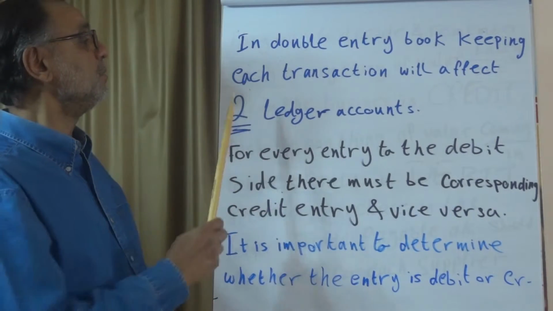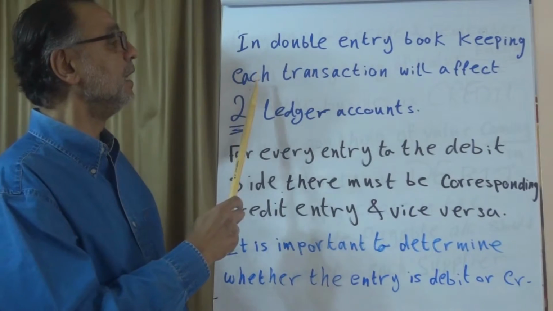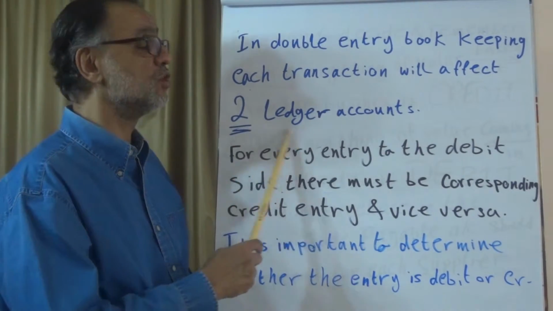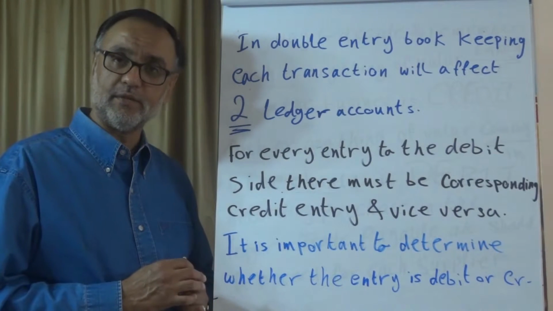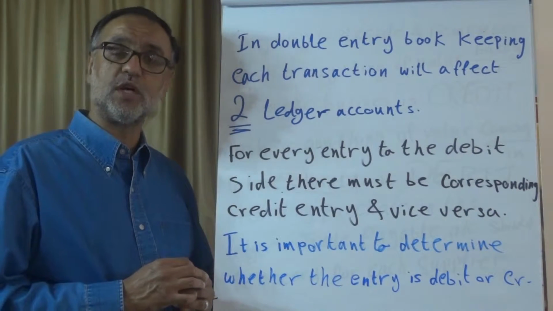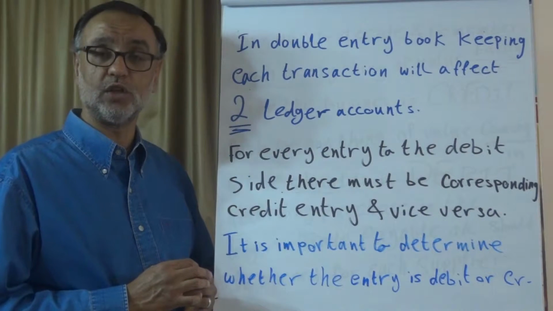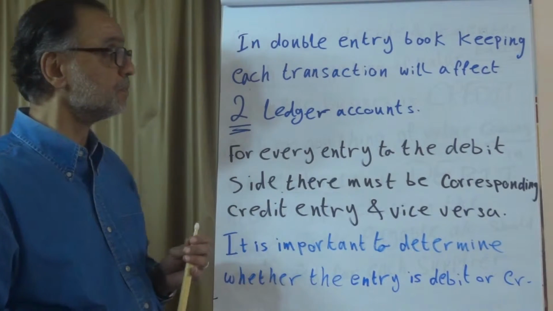In double entry bookkeeping, each transaction will affect two ledger accounts. As we know, any entry will have a debit side and a credit side. The debit side will go to one account and the credit side will go to another account.